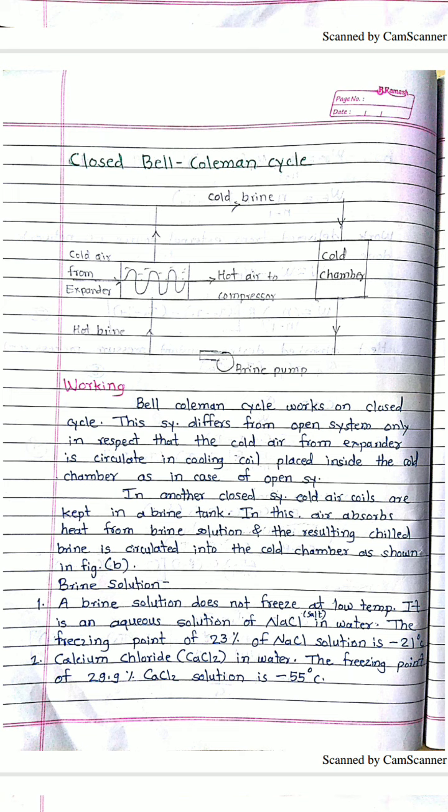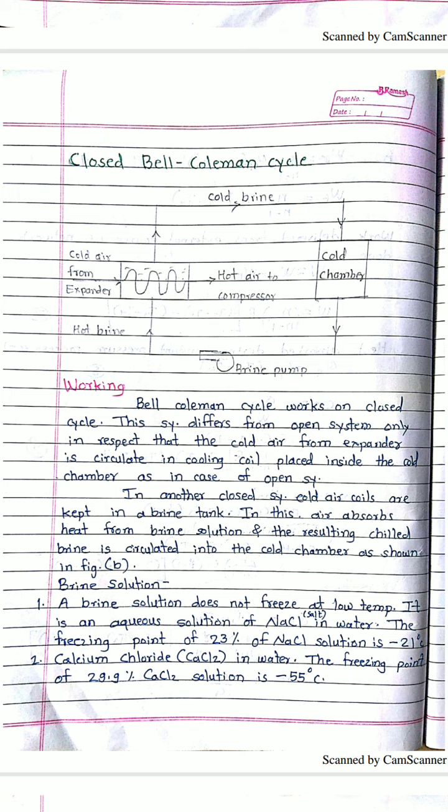So here this hot brine, when it comes into the refrigerator, what happens? It becomes cold. Then this cold brine is transferred to the cold chamber, and the cold chamber gets its coldness, and it absorbs the heat from the cold chamber, and this hot brine solution is again pumped with the help of the brine pump into the refrigerator space.